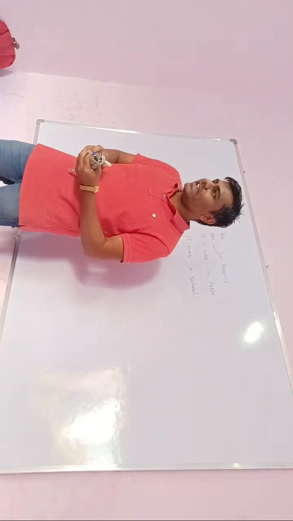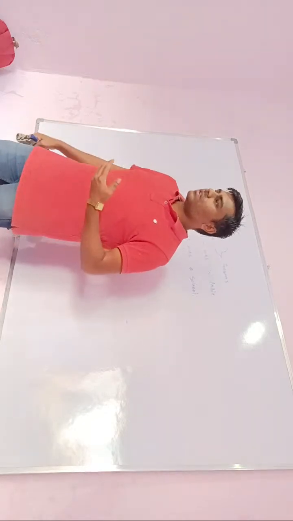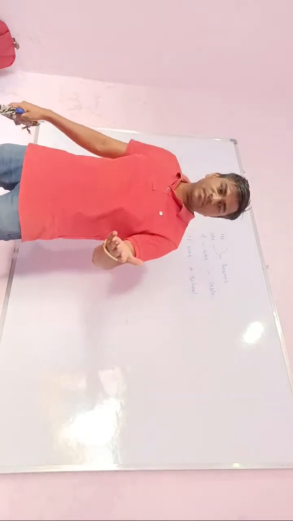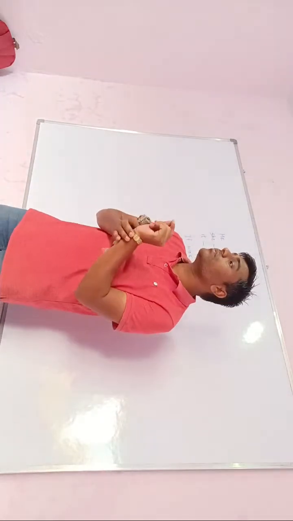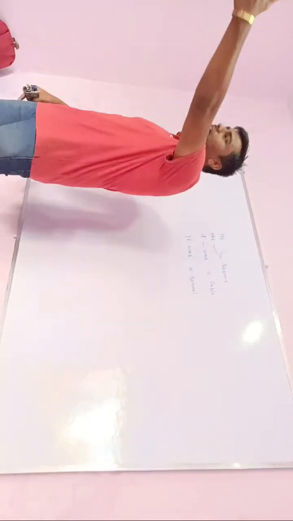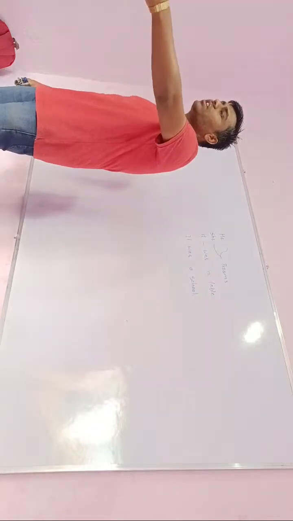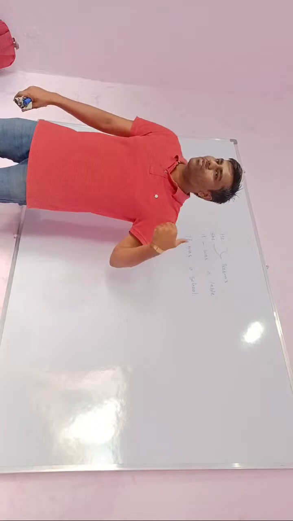It was a tiger. It was a ball. It was a chair. It was a bottle. It was a bat. Write down. It was a wall. It was a camera. It was a mobile. It was teacher. Sorry. Don't say it was teacher. You can say he was the teacher.